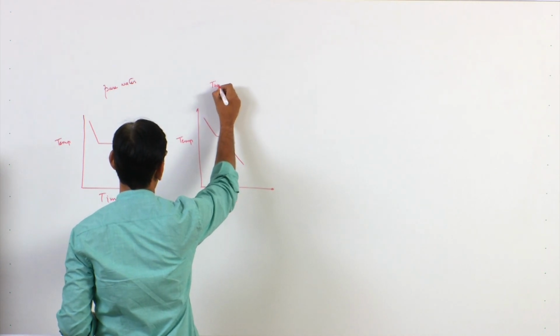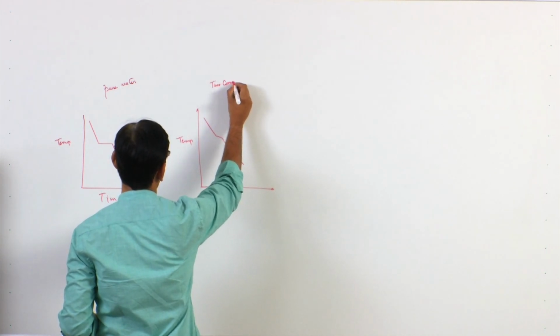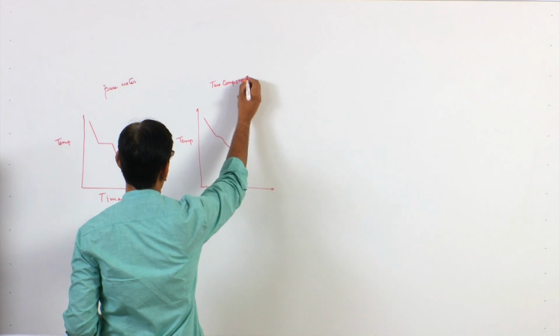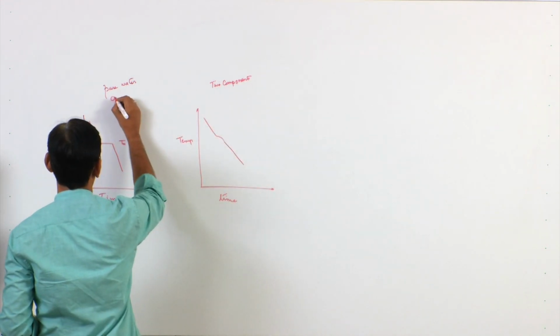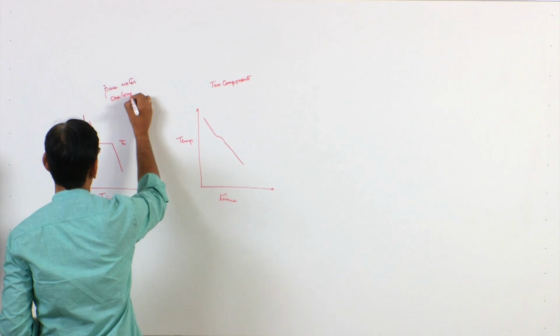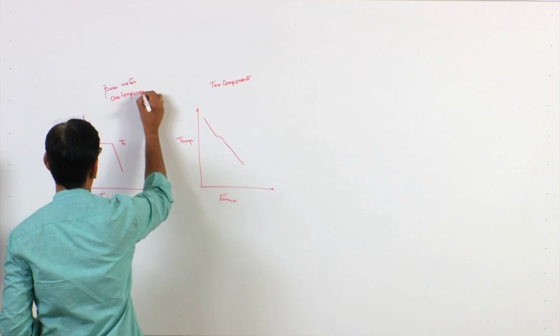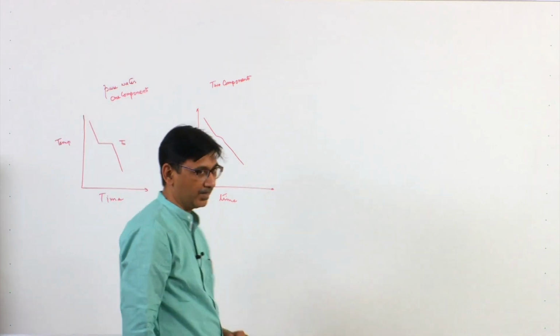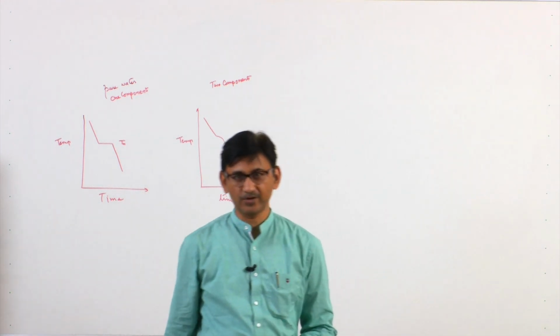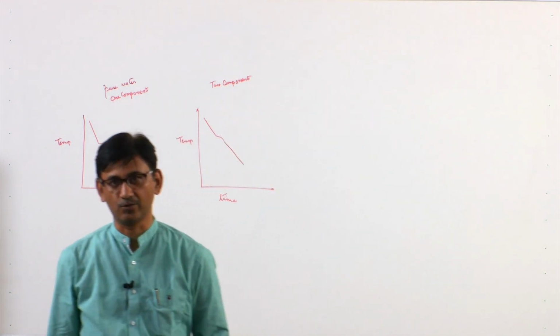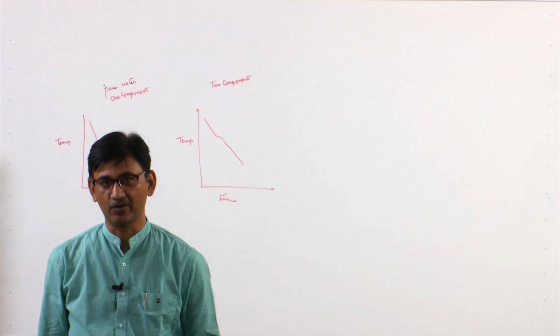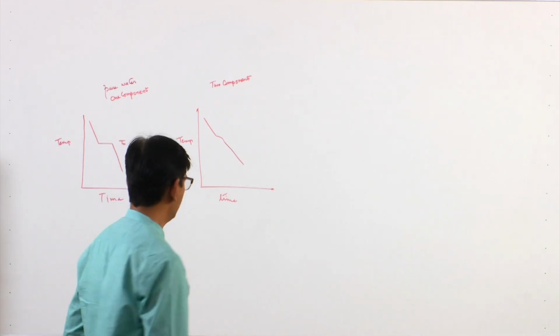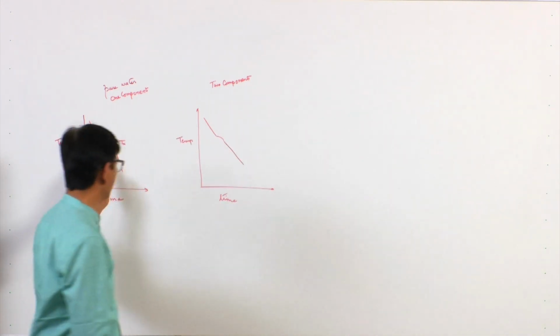Suppose we say it is two components; this is one component. But in a two-component system that shows eutectic behavior, at the eutectic point, again the transformation will be like this.